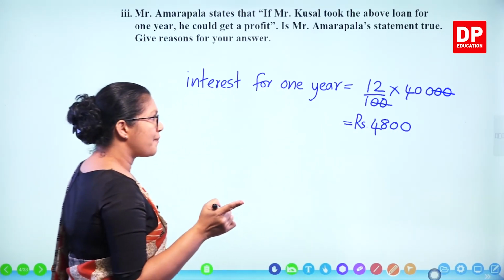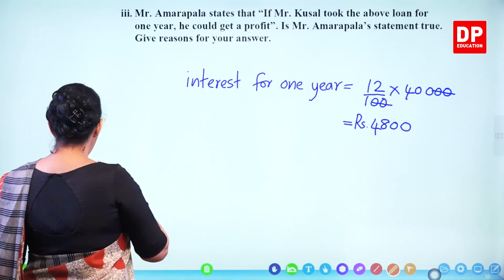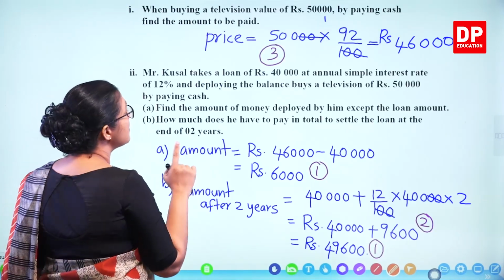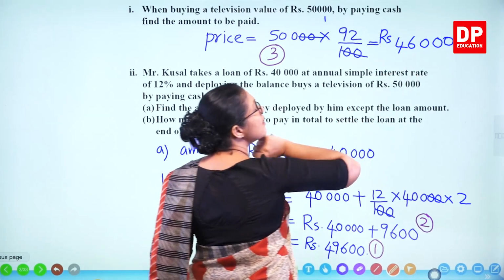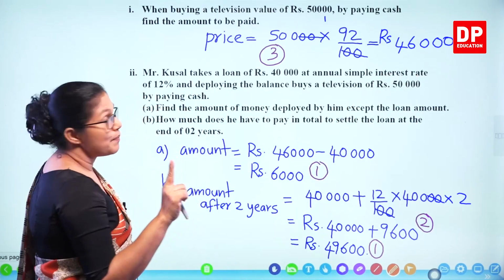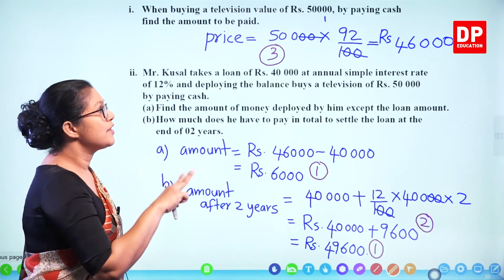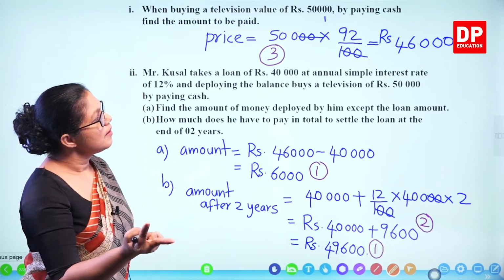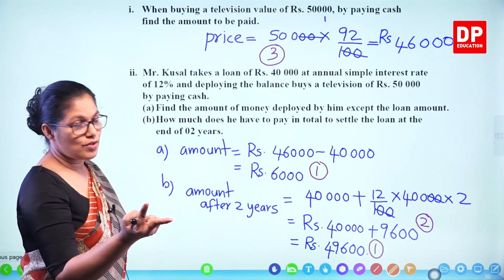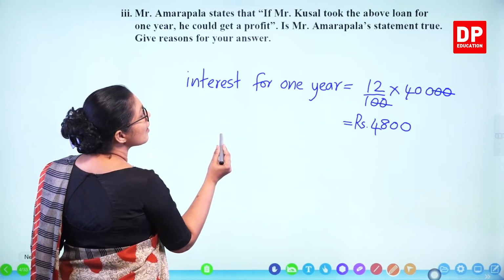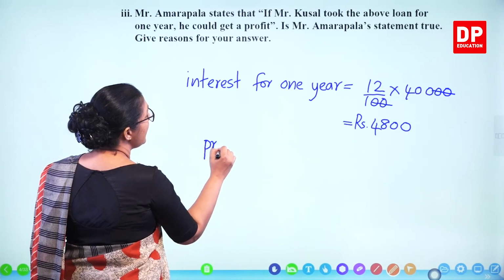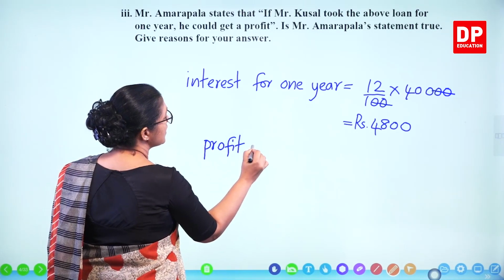That's the interest. Now, when he is buying this television, he gets an 8% discount. So 50,000 became 46,000. So what's the profit he gained?